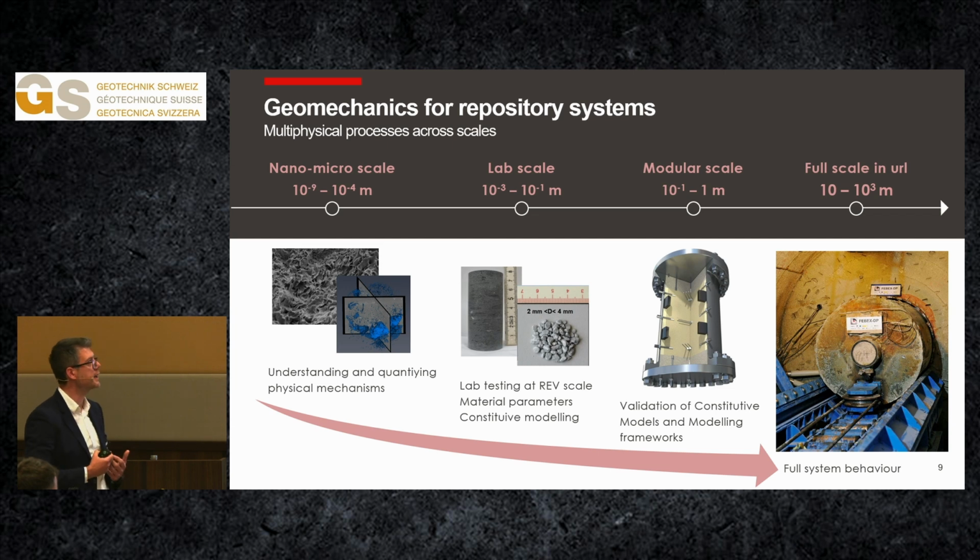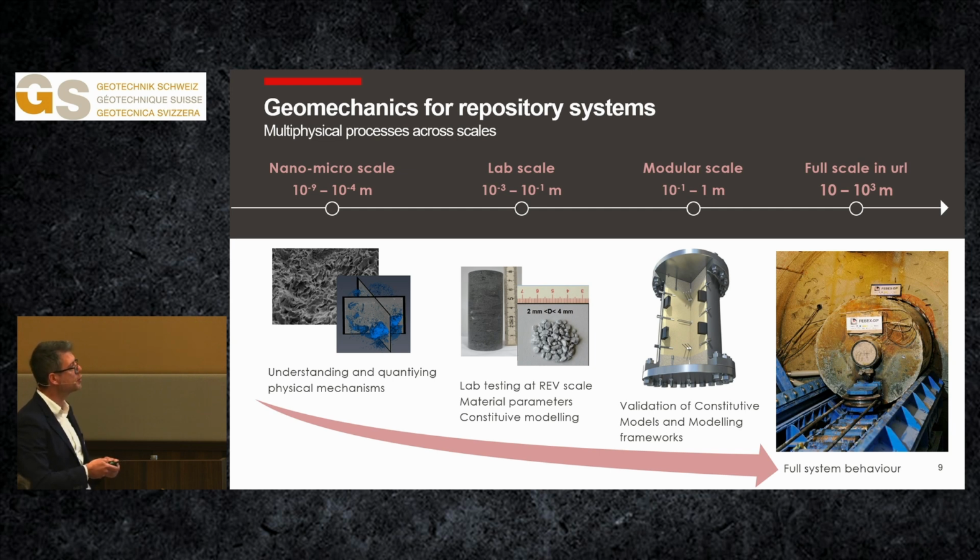But from a geomechanical perspective, there is also something very unique in this field: the need of linking different observation scales. We start from understanding and quantifying physical mechanisms at the micro or pore scale, and then move to the elementary volume scale in which we are testing the material. Those are the sizes that we usually use in our labs, and this is where we derive constitutive models and material parameters.